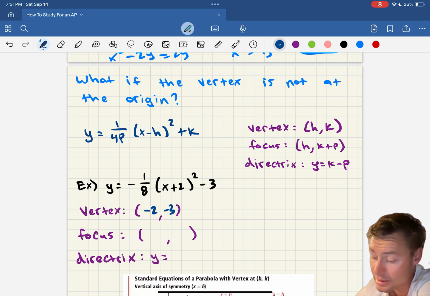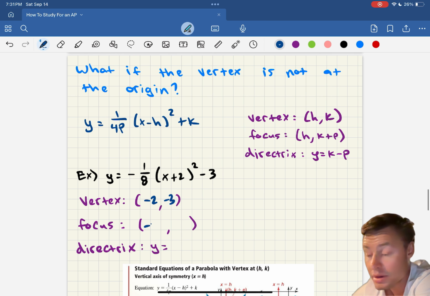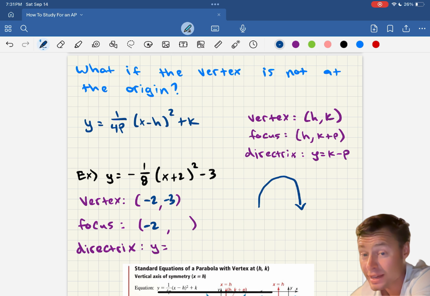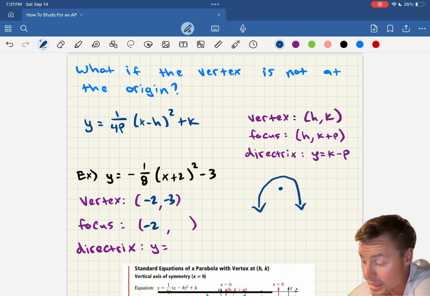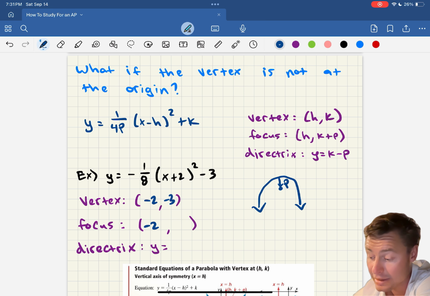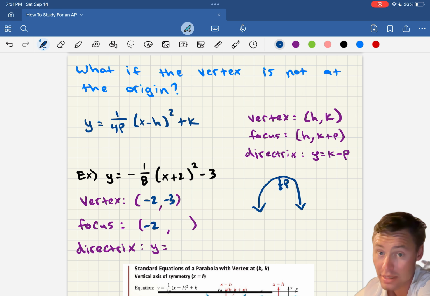My focus would be at the same x value, so negative 2. But now, that's why it's really important to know this is facing down. My focus is going to be right about here, which would be p down from the vertex. So I take the y value of my vertex, which is negative 3, and I would subtract my p value, which in this case is 2.